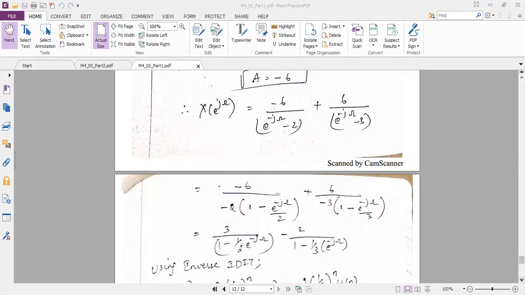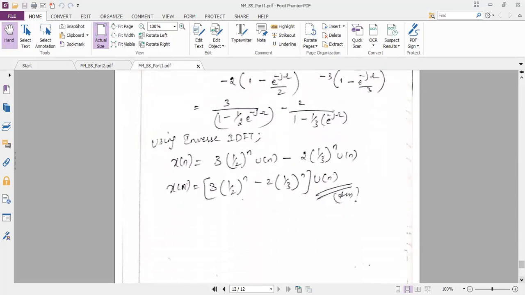You can see on the screen, we are going to use the inverse DTFT formula. I have written it wrongly here, it is DTFT. So listen, the numerator will be the same. The numerator is 3.